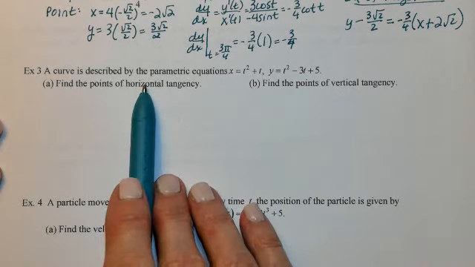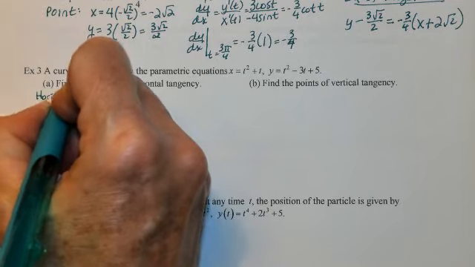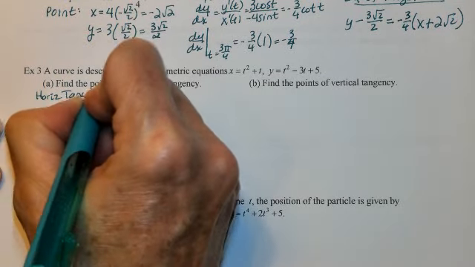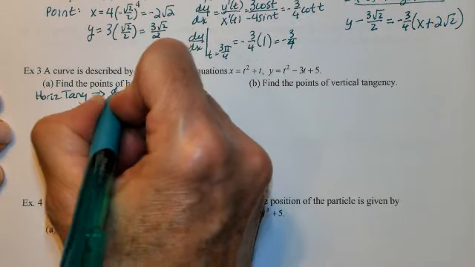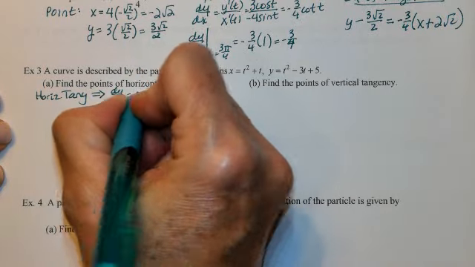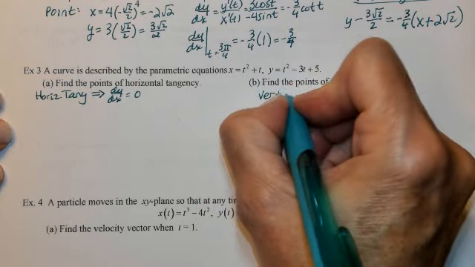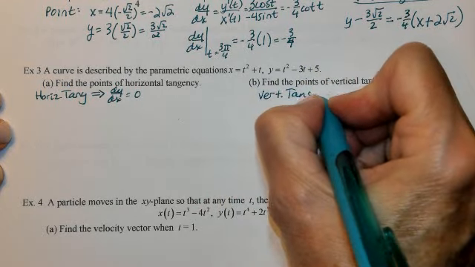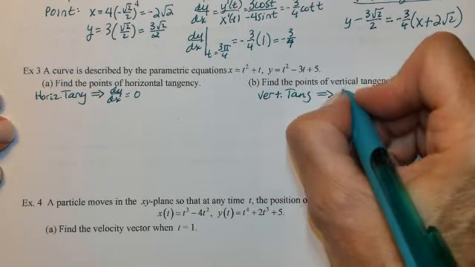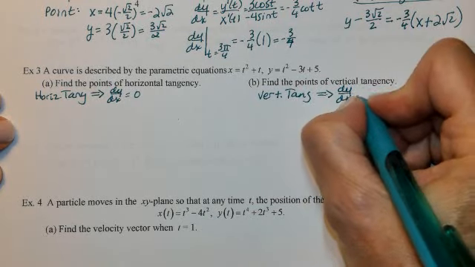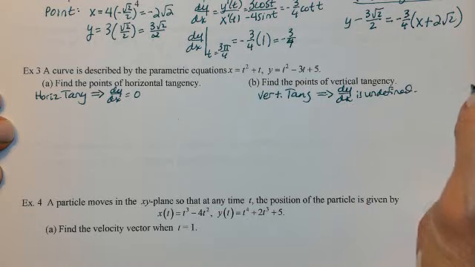Well, horizontal tangent means what is the slope? What is the slope of a horizontal line? 0, right? Vertical tangent is where what happens to the slope? The slope is undefined, right?